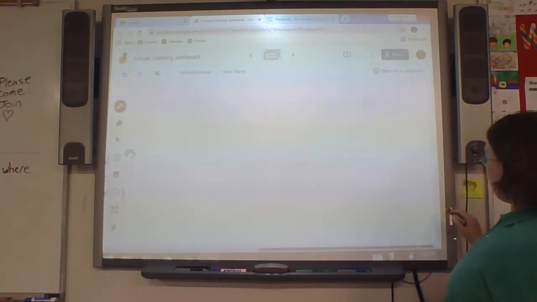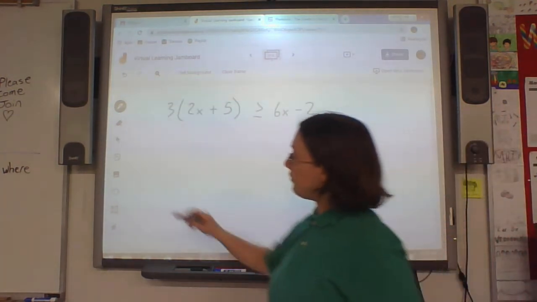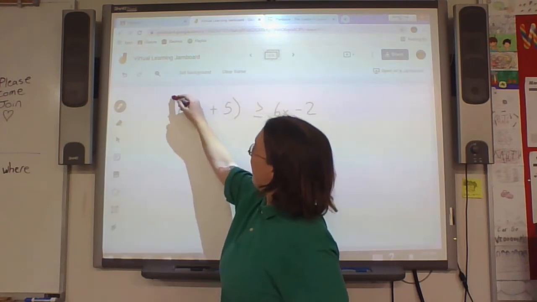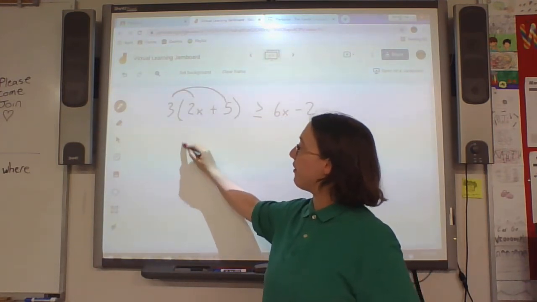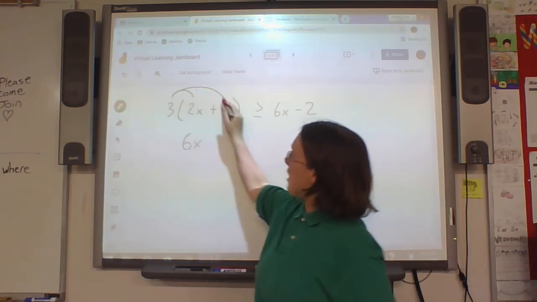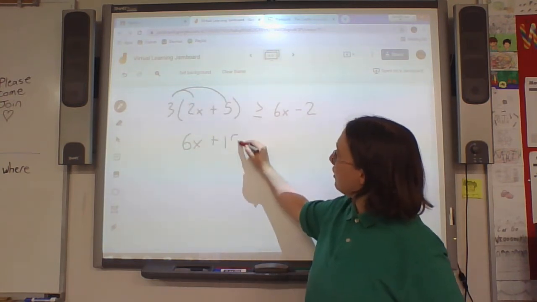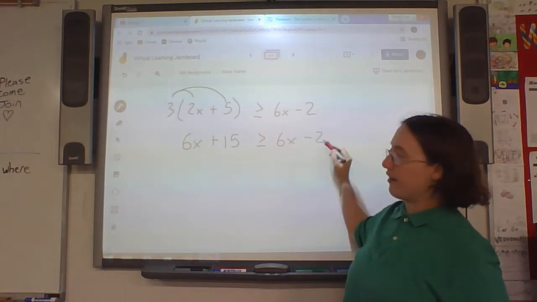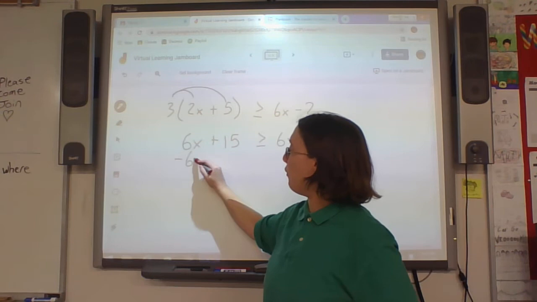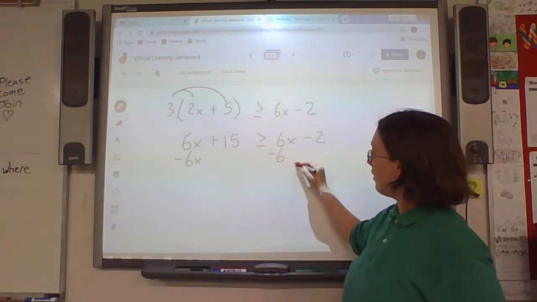The other thing is if we've got something like this, where if we distribute that 3 there, we've got a 6x. 3 times 5 gets you 15. And this time our variables cancel out, because they're going to cancel out when we subtract that 6x there.